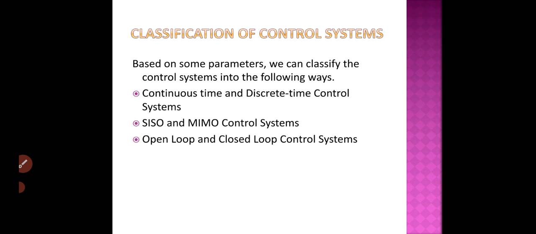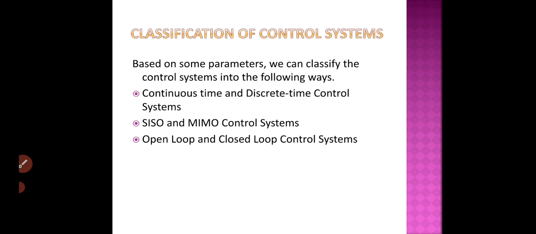Based on some parameters, we can classify the control systems in the following ways. Control systems are classified in various manners, but here we are considering continuous time and discrete time control systems, SISO and MIMO control systems. The full form of SISO is single input and single output.